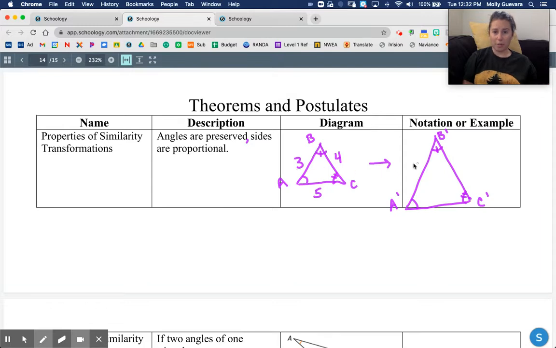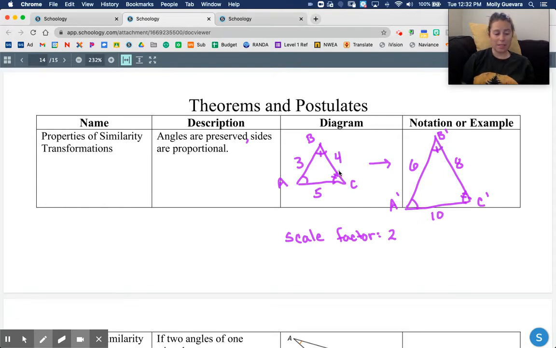So then I would have 3 times 2, which is 6, 4 times 2, which is 8, 5 times 2, which is 10, right? And then that would tell me that the scale factor is 2 because I multiply all 3 sides by 2 to get the new triangle. So angles are going to be the same. Sides are proportional. Okay, and that's just the property of similar shapes.